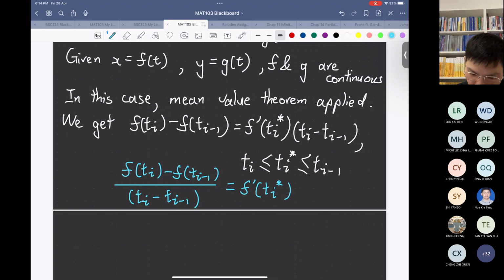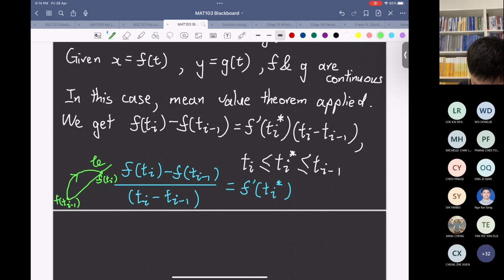So how should you think about it? Pictorially, you need to think about it geometrically. So this is your curve. Let's say this is f(ti) and this is f(ti minus 1), from ti minus 1 to ti. Then you take the ratio.